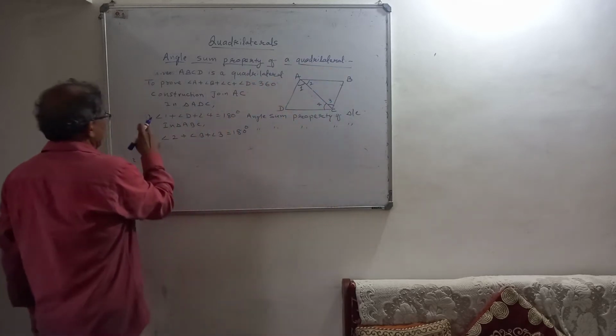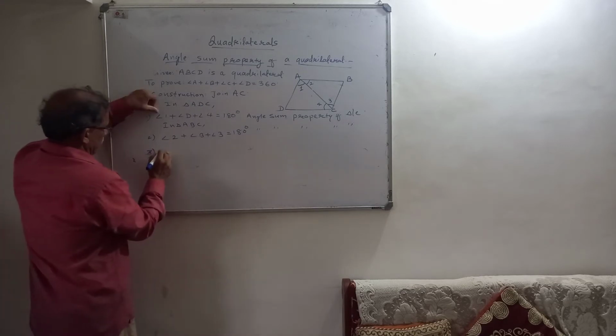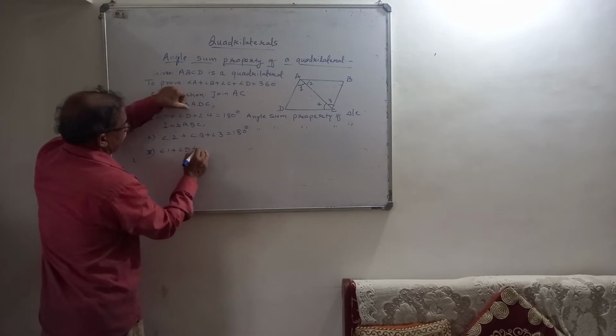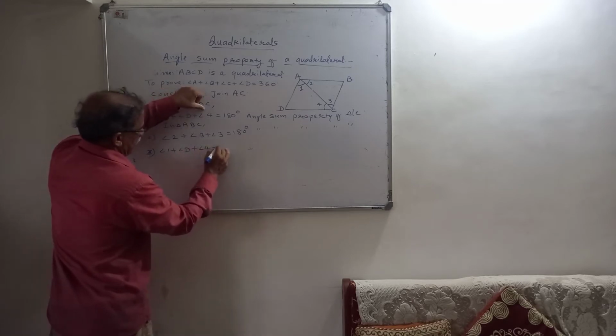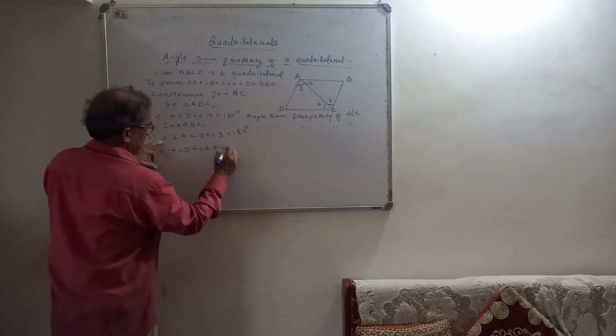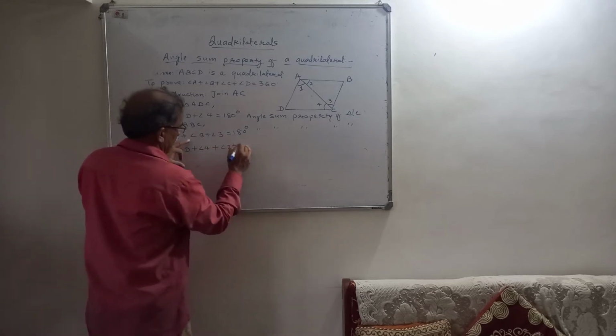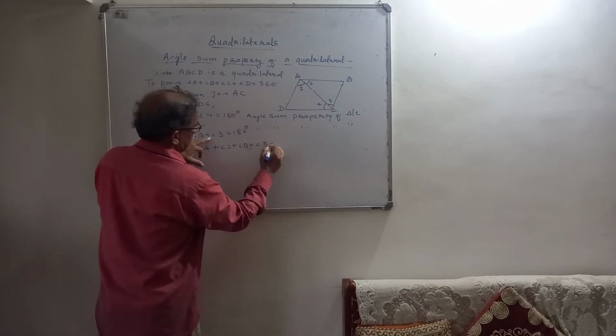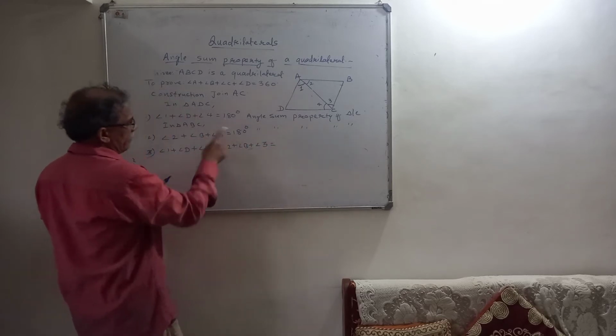So now let us add statements 1 and 2. Angle 1 plus angle D plus angle 4, plus, left hand side should be added to left hand side, angle 2 plus angle B plus angle 3 should be equal to 180 plus 180.